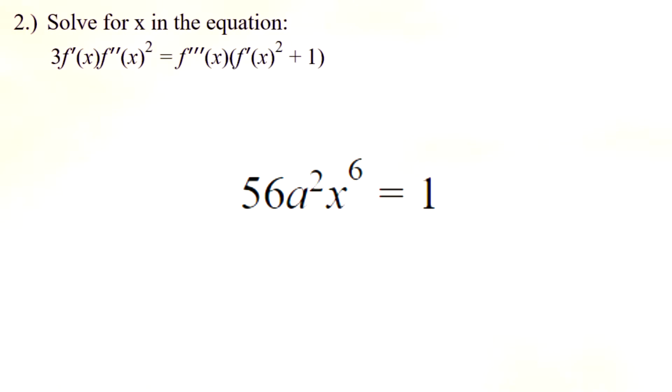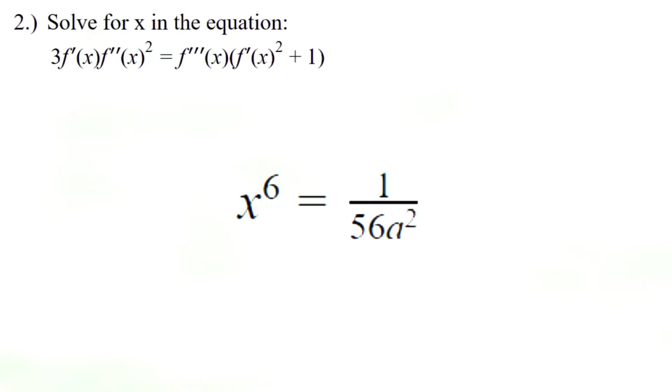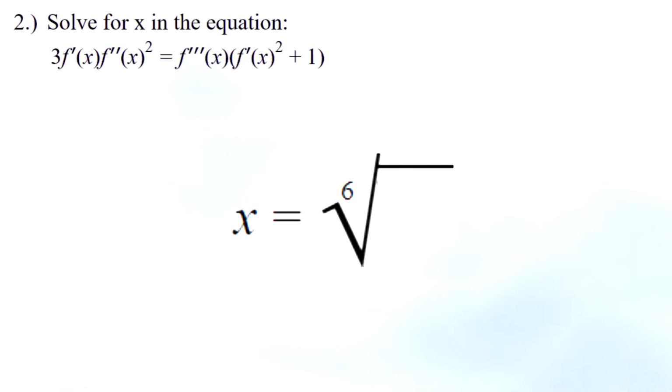Now, we divide the 56a squared to 1, where we are left with x to the sixth equals 1 over 56a squared. Following that, we take the sixth root of x, where our x value becomes the sixth root of 1 over 56a squared.